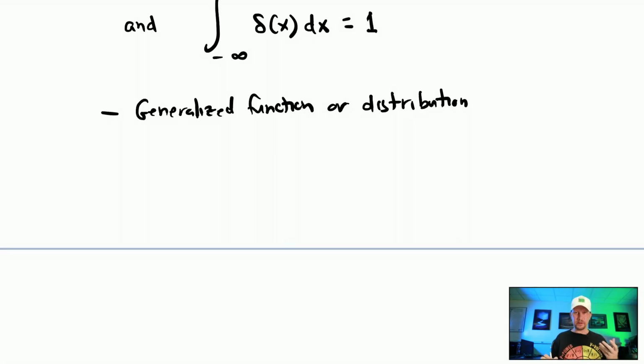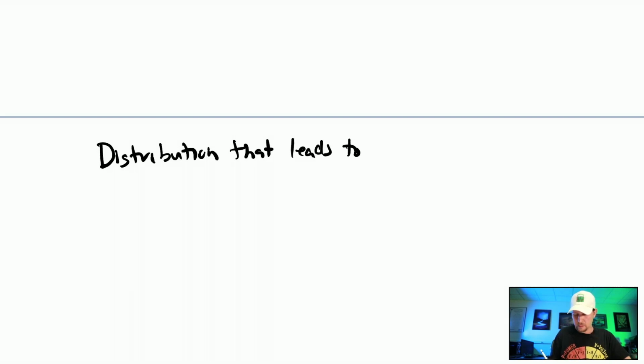Now, there are various types of distributions that will actually lead to this type of behavior. I'm actually going to very briefly discuss one and only one. This is a distribution that leads to the impulse function.